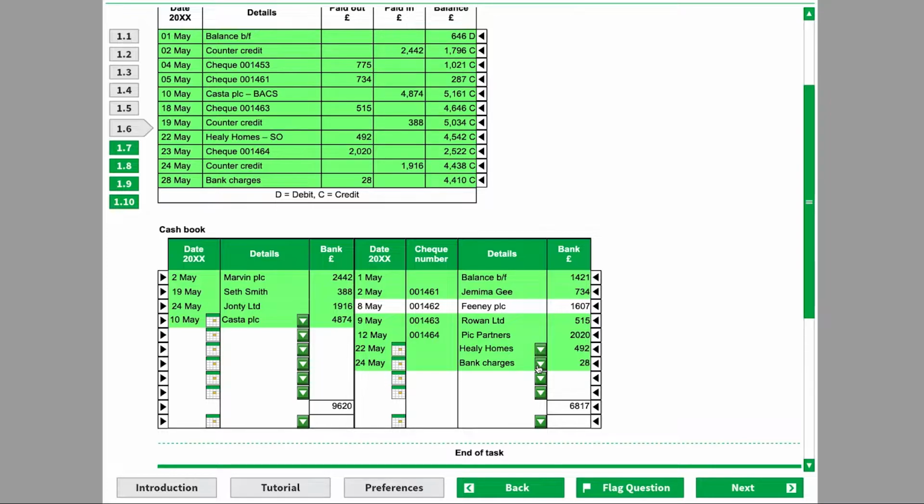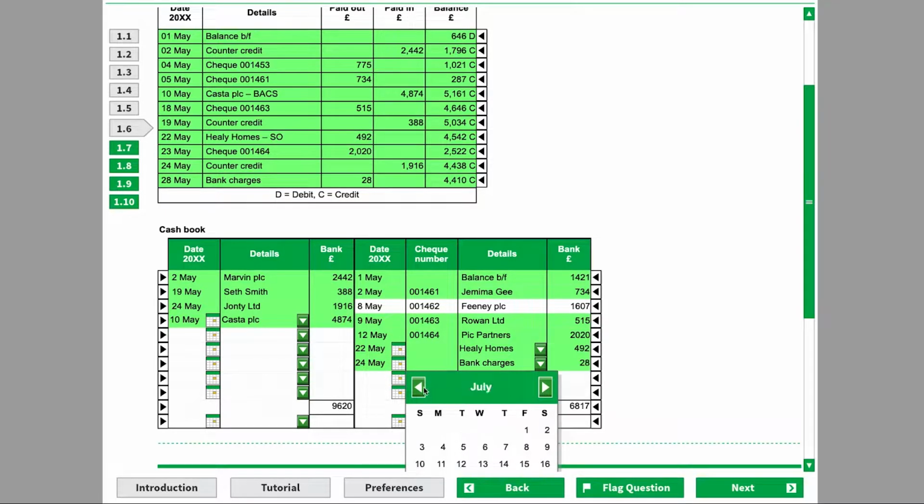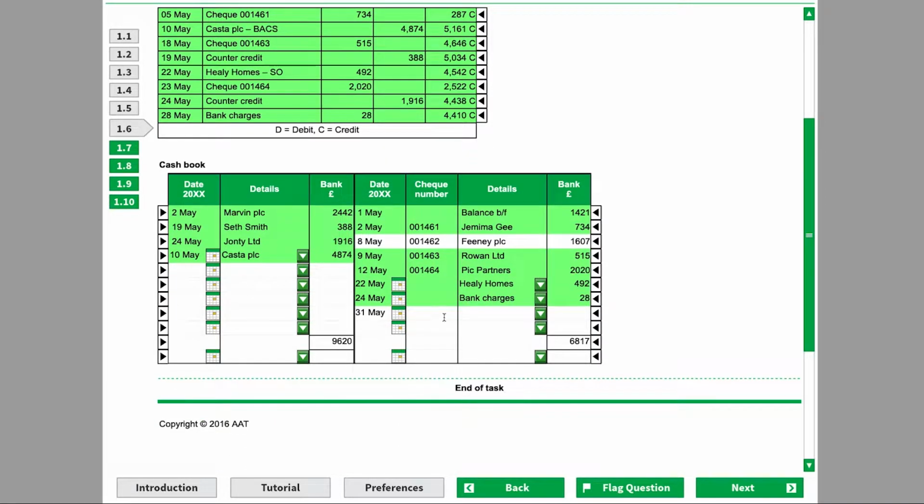So in this example, that would be £2,803, and as the debit side is higher, this will be entered on the credit side of the account. So what we would do at the end of the month, so 31st of May, would enter that in as the balance carried down for £2,803.